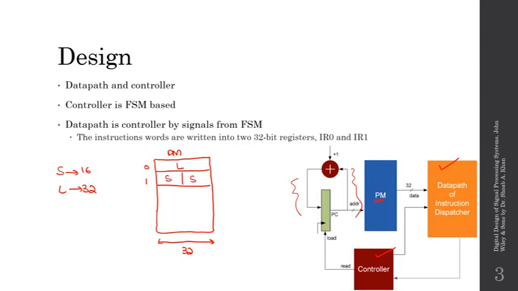That's easy to understand, because a single location is 32 bits wide and a single short instruction is 16 bits, so we can easily hold two short instructions. But there are other mechanisms as well. There is a possibility that we had a short instruction in the least significant portion of location number 2, and the rest of the 16 bits belong to the long instruction, which is 16 bits of the long instruction.